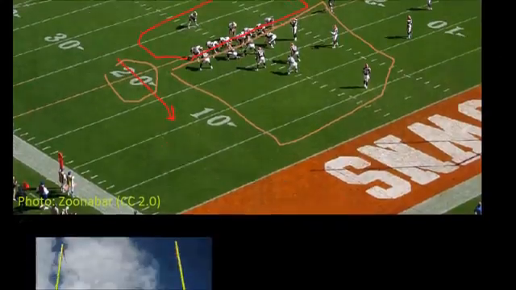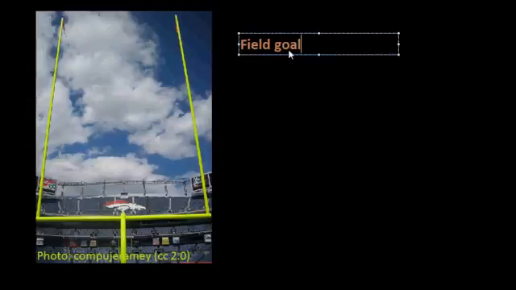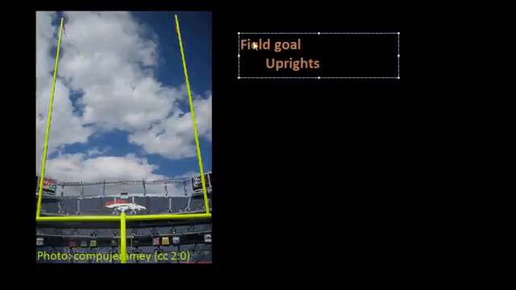And then one last thing to point out would be the field goal uprights, usually just called the uprights. I guess you wouldn't call it a field goal; a field goal is what happens when you kick the ball through it. These uprights are at the back of each end zone.